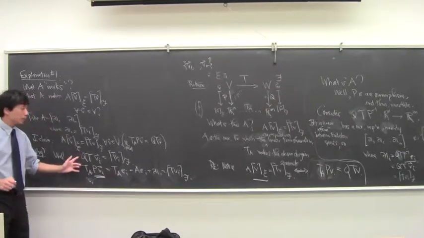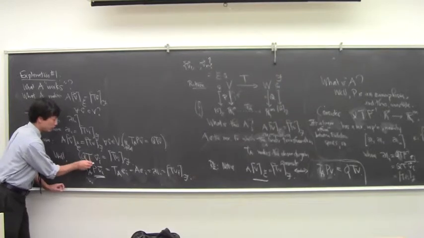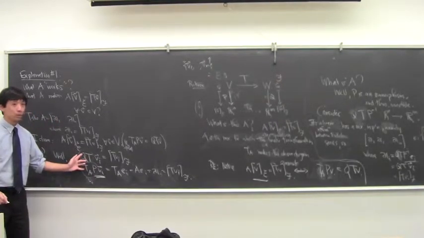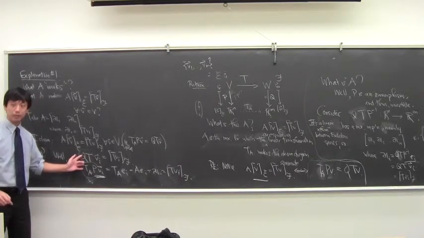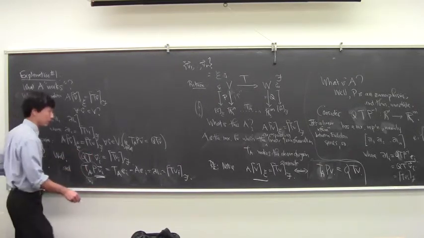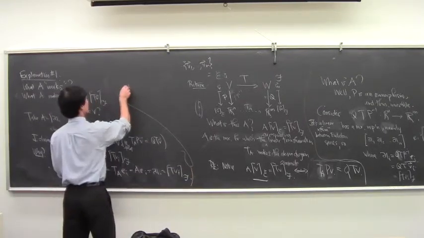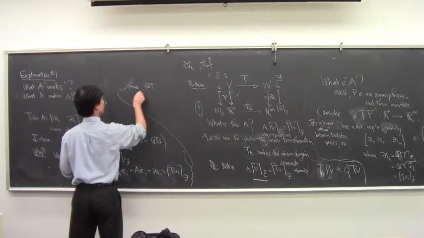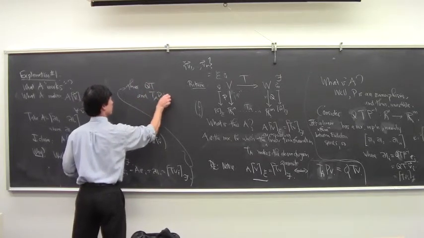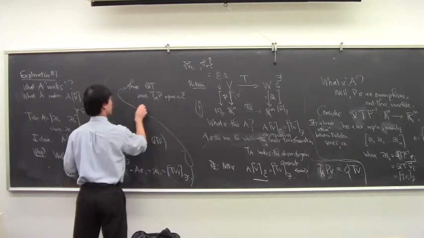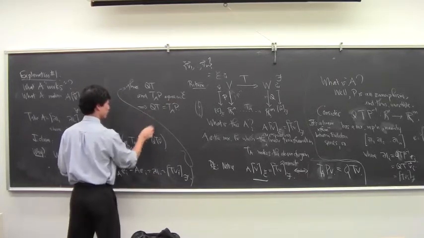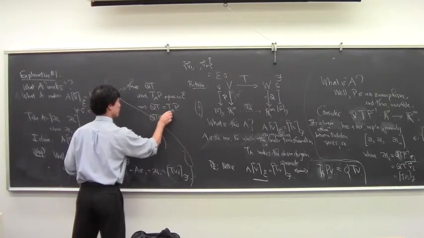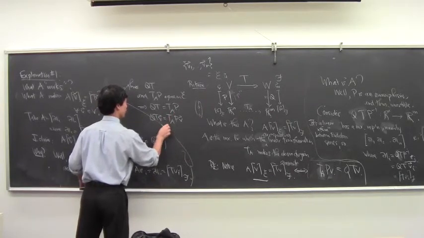Right? So what does that tell you? That these two linear transformations agree on the E basis, and as such, they agree everywhere, because you've got two linear transformations and they agree on a basis. So thus, QT and T_A P agree on E, and so QT equals T_A P. In other words, Q T v equals T_A P v for all v.